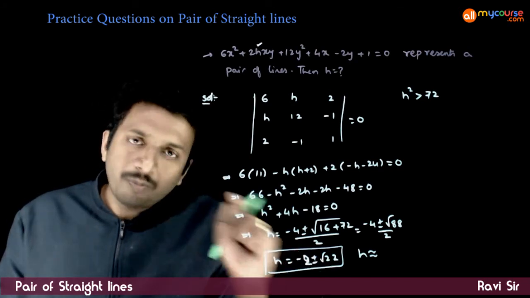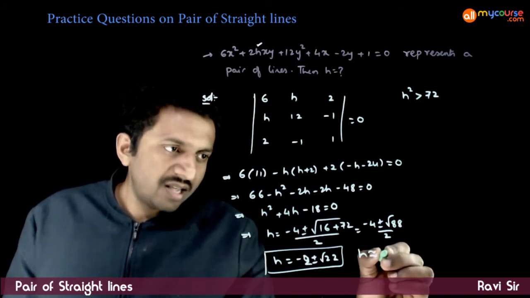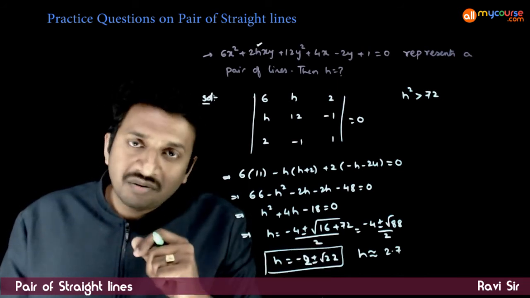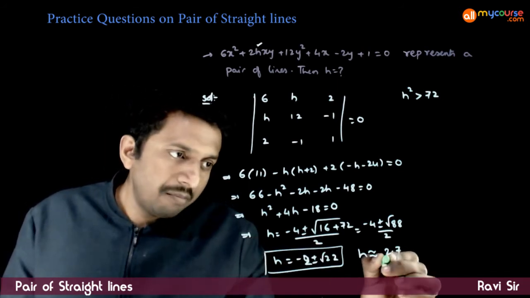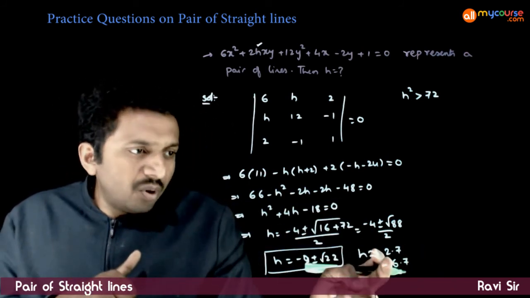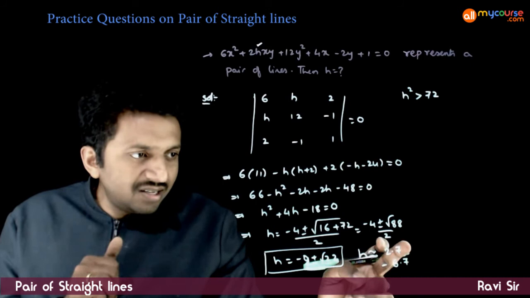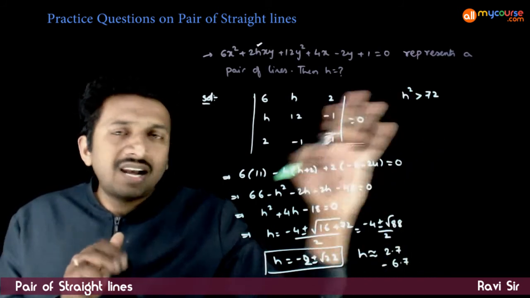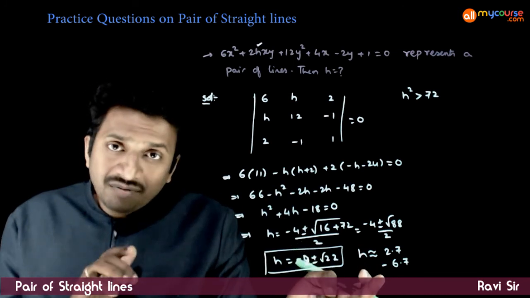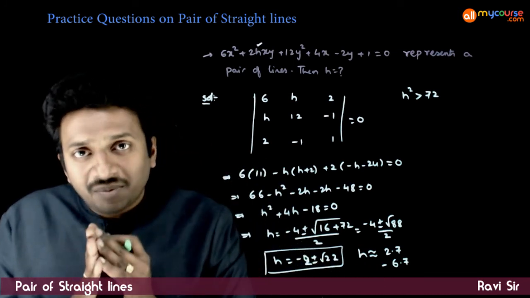So -2 + 4.7 is approximately 2.7, and -2 - 4.7 is -6.7. In both cases, the squares of these two numbers are less than 72. So for neither of these values is h² greater than ab.